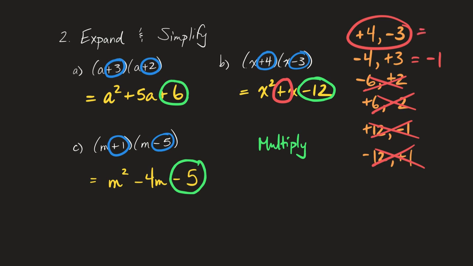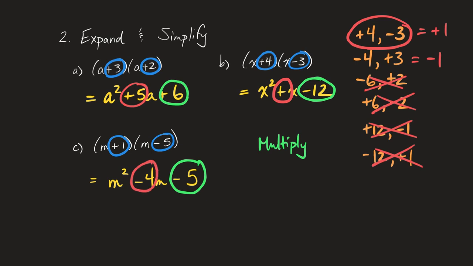Only when I combine those two values do I get the positive 1, the coefficient on my single x. And maybe we can backtrack to A and notice that if I take 3 and I add it to 2, then I do get my positive 5 when I collect those. And we get a little confirmation in C that when I collect a negative 5 with a positive 1, that gives me a negative 4.